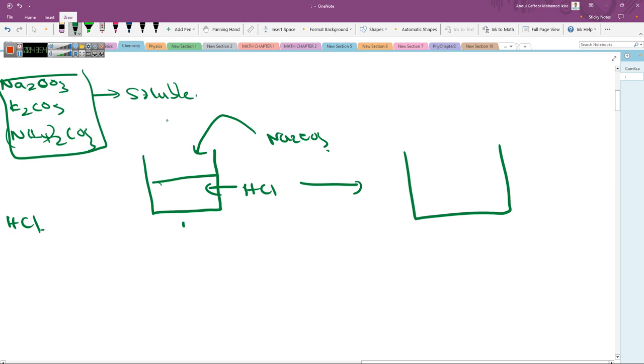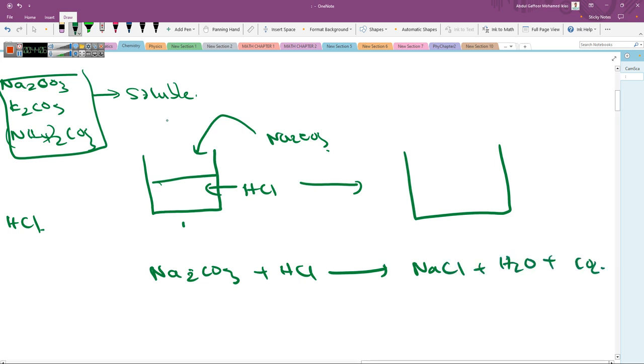Now let's write down the reaction here. Na2CO3 plus HCl will form NaCl plus H2O plus CO2 gas. We don't want to bother about carbon dioxide, because it will go to the atmosphere.